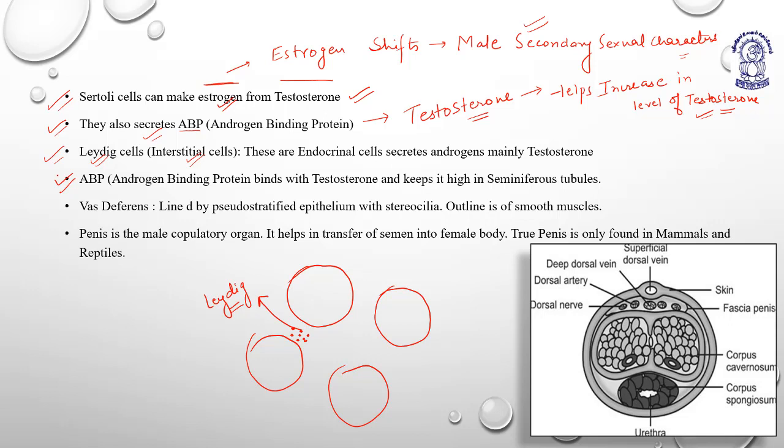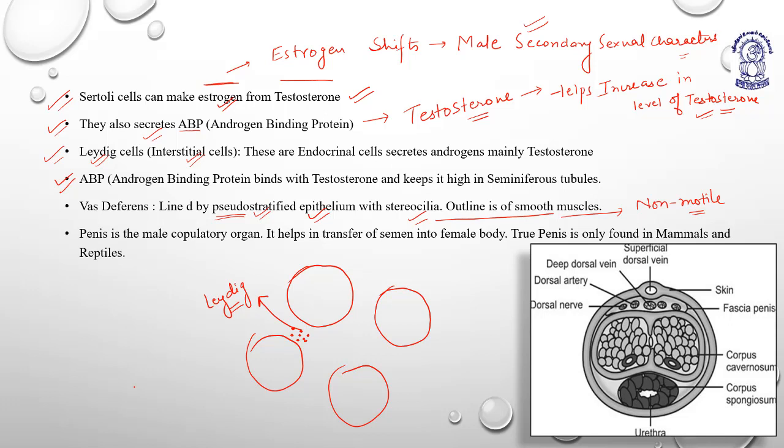Vas deferens is lined by pseudostratified epithelium, pseudo meaning false, stratified meaning multiple layered, with stereocilia. Stereocilia are non-motile cilia. The vas deferens cells don't have to move or shift their place, they just beat, and because of their beating, they help the moving sperm to have a forward force.